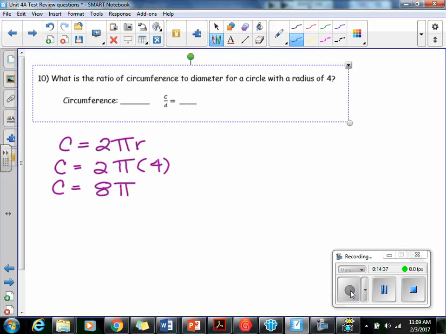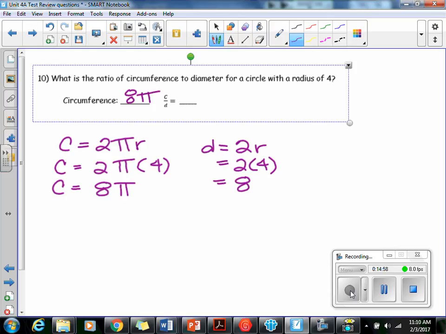Now the diameter would equal what? 8. All right, your diameter is 2 times the radius. So that's 2 times 4, which we know is 8. Now, I can take this, the circumference is 8 pi, put it up here. Your diameter is now 8.